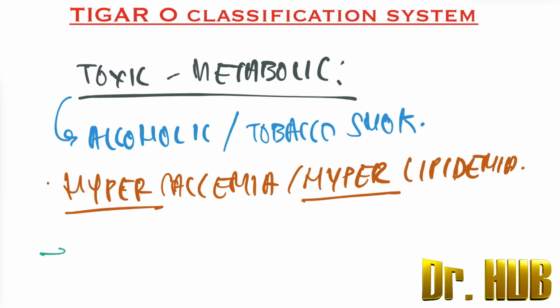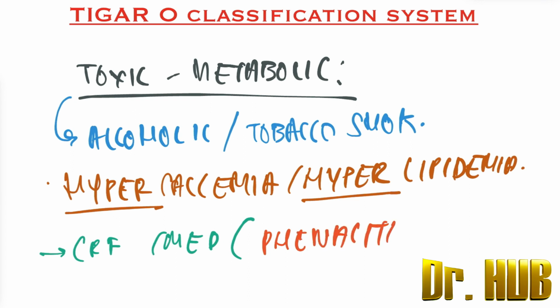Next, there is CRF. CRF stands for chronic renal failure. Then medications. Medications include phenacetin abuse. Next it includes toxin compounds, to be specific, the organotin compounds.